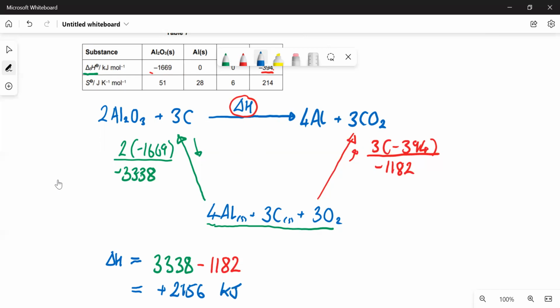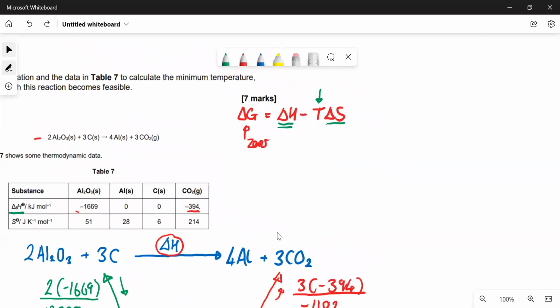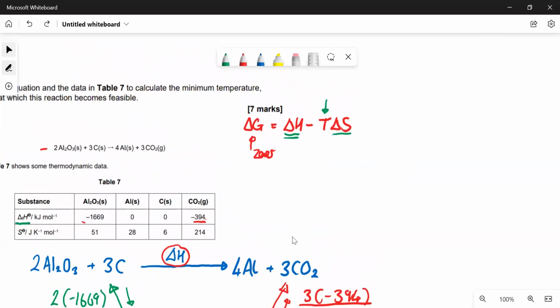Now we're going to put that into our delta G expression, but we need to work out delta S. Let's look at the equation there. I'll just rub this out.